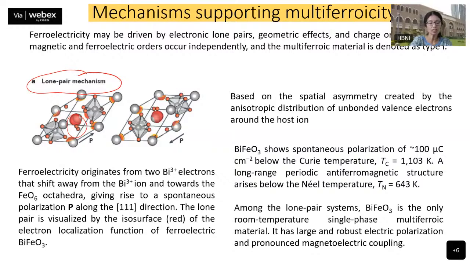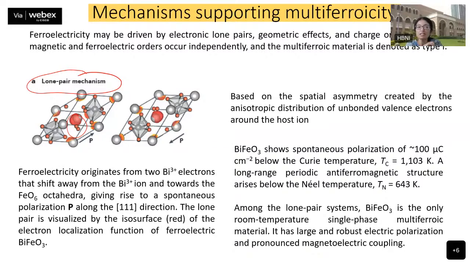The lone pair over here is visualized by the isosurface, the red one, of the electron localization function of ferroelectric BiFeO3. What essentially this means is there is a spontaneous polarization due to the arrangement of those two lone pair electrons on bismuth. Bismuth has those 6s2 electrons, which are not taking part in bonding.